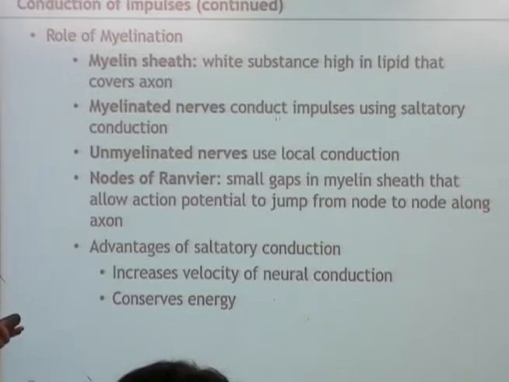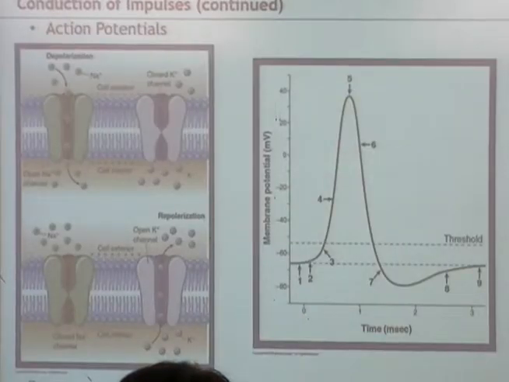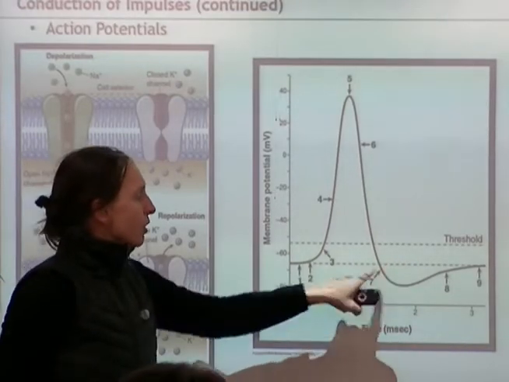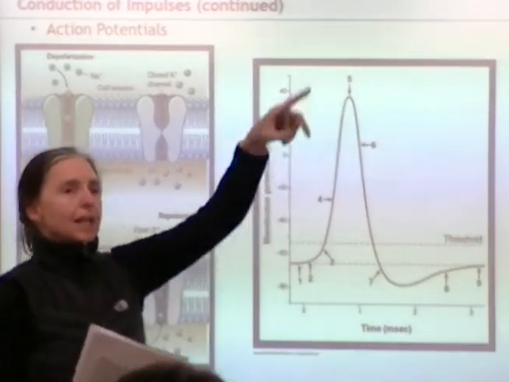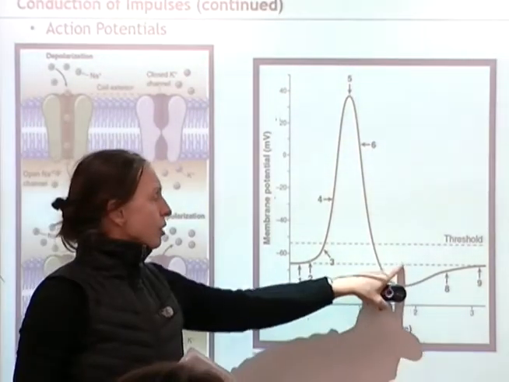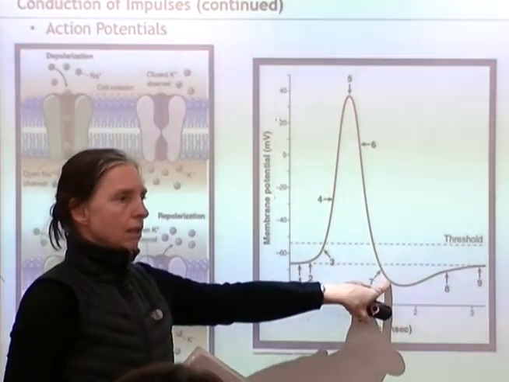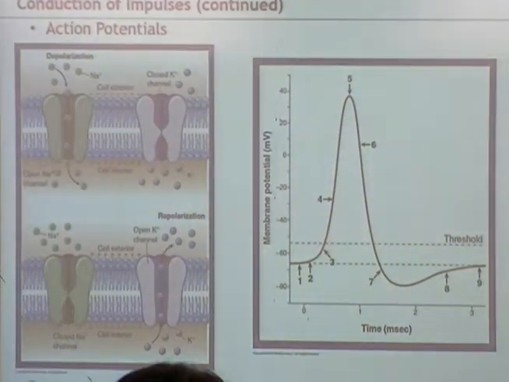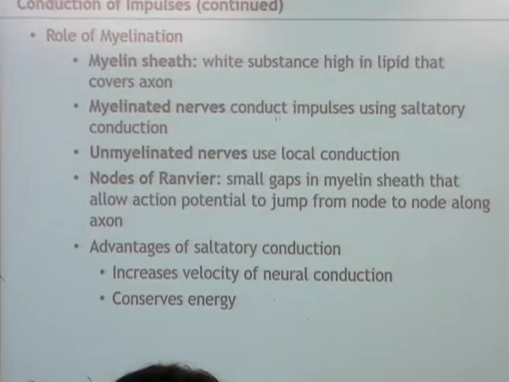So it also, if you come back here, the other good thing about saltatory conduction is it reduces how many action potentials I have to create down the nerve, and so it reduces how much ATP I have to use to transmit the signal. So it's energy conservation, and it rapidly increases the speed at which the signal can travel.